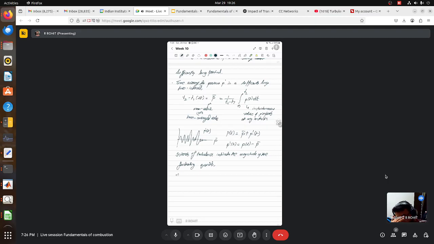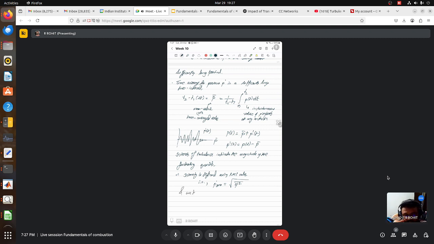So intensity is defined using the RMS value, that is P prime RMS is nothing but the square root of P prime square over bar. So you square it, take a mean, and then take the square root of it.